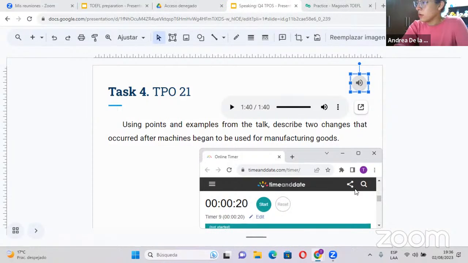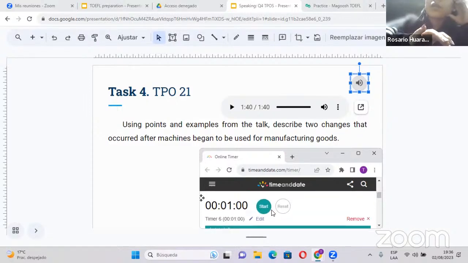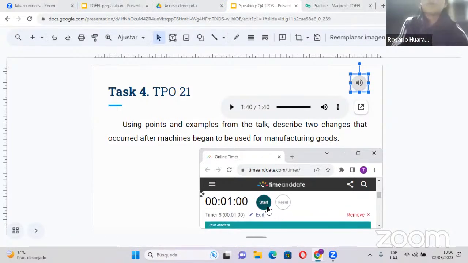So maybe Rosario? Okay, I'm not really sure about the first example, but okay, I can try. The lecture discusses how the Industrial Revolution affected, for example, England, and how the new technology affected the new machines.